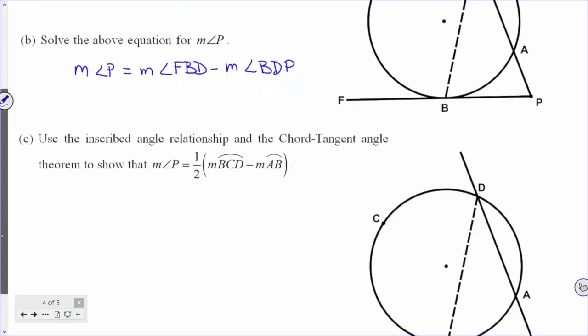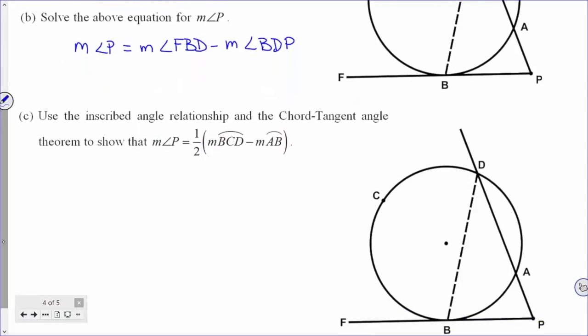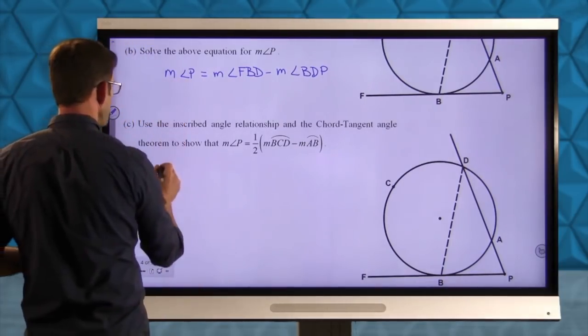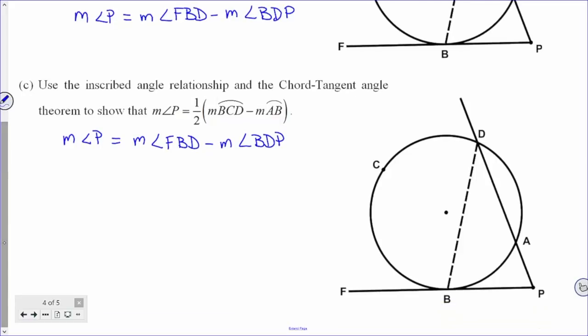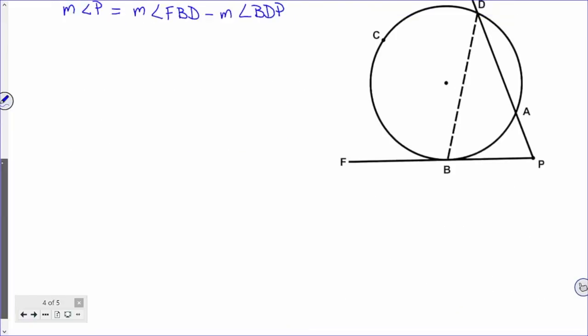Because then it says use the inscribed angle relationship and the chord tangent angle theorem to show that the measure of angle P is 1/2 the measure of arc BCD minus the measure of arc AB. Well, let's just write this relationship down that we had up above. The measure of angle P is the measure of angle FBD minus the measure of angle BDP. All right, extend the page a little bit so that we've got some room to work.